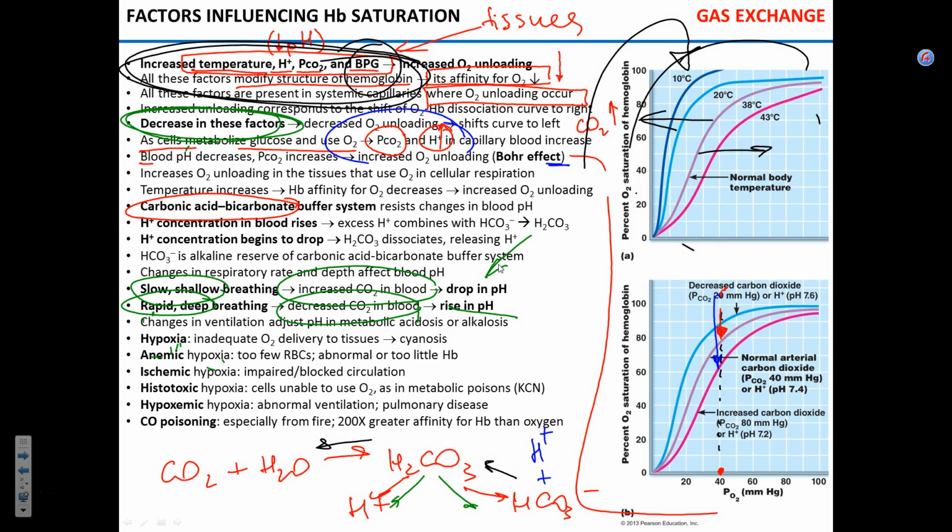Now, a couple more pathogenic things. So, hypoxia is a general name for lower than normal delivery of oxygen to the tissues. Where can it stem from? Anemic, too few red blood cells.